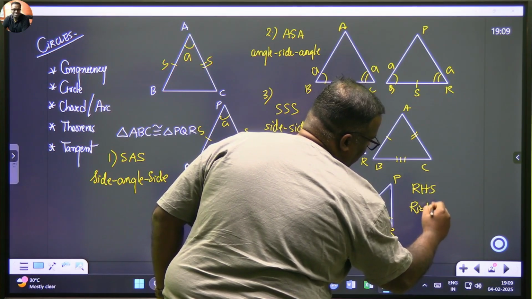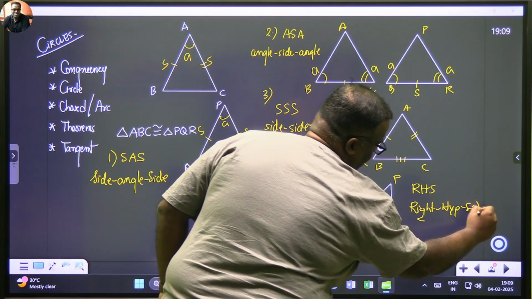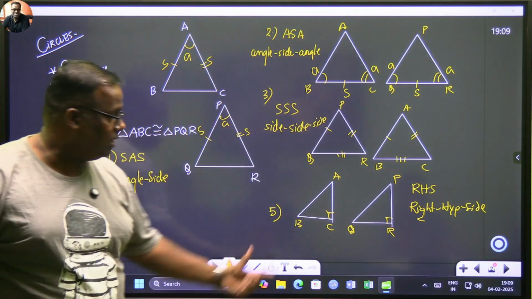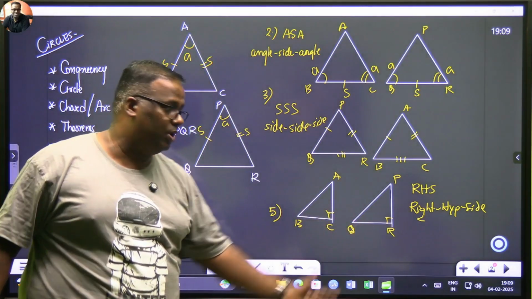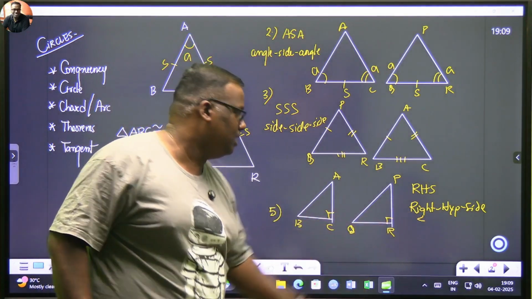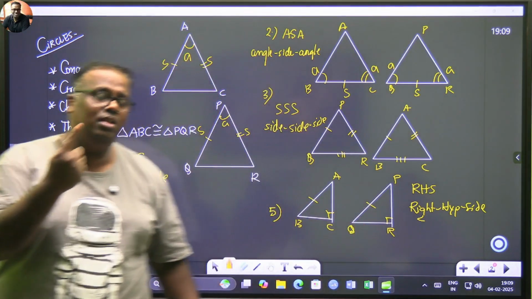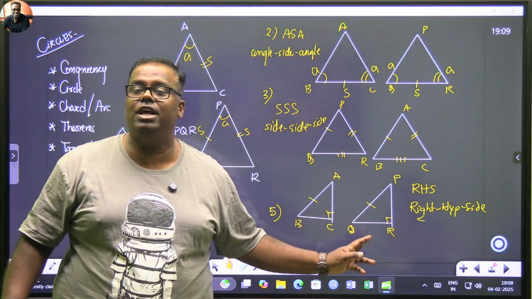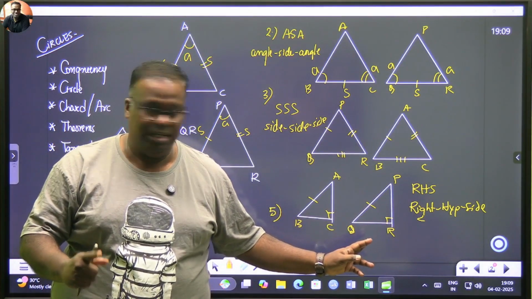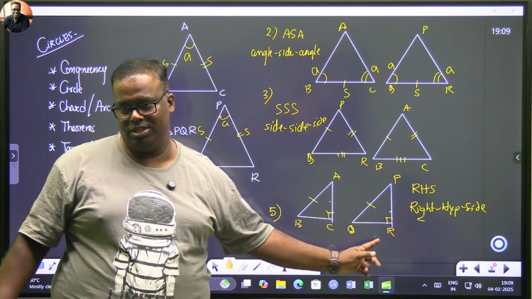R stands for right angle, hypotenuse, and side. Two right angle triangles are said to be congruent if they have a right angle, obviously 90-90, their hypotenuse are equal, and any one of the corresponding sides is equal. Any one. It can be this equal to this, or it can be this equal to this.